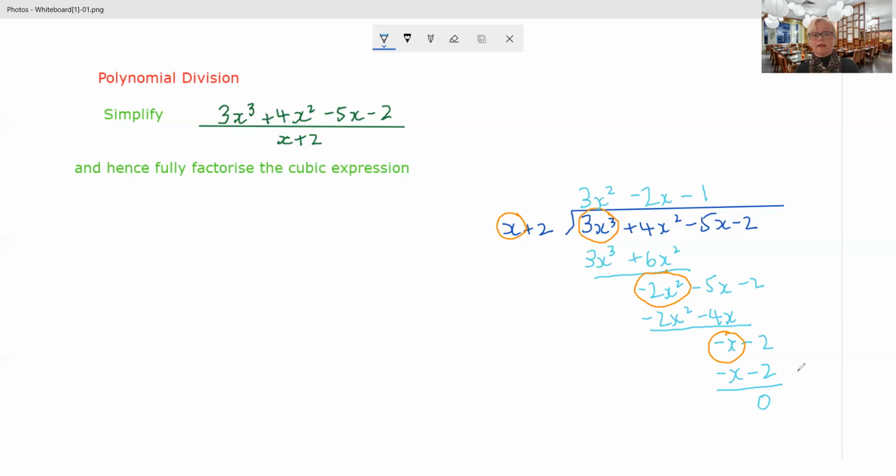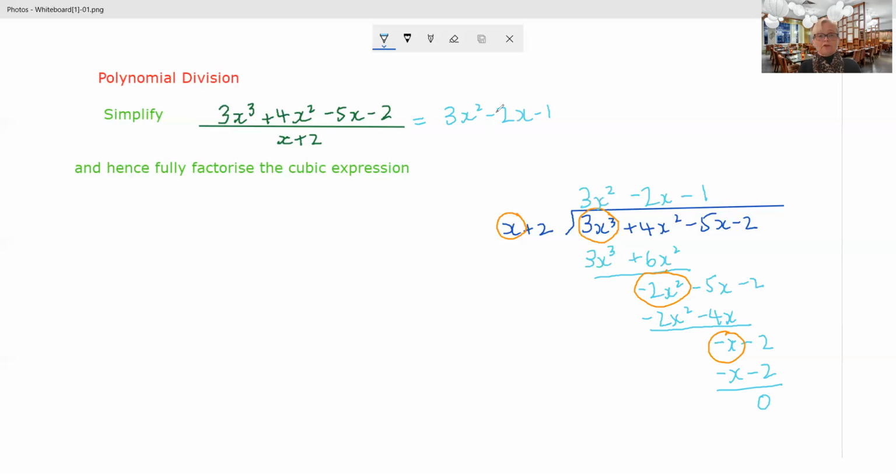Sometimes you will have a remainder, in which case you will write this answer plus whatever the remainder is over your x plus 2. What we have shown here is that this expression equals 3x squared minus 2x minus 1. Or in essence, we've shown that the cubic is x plus 2 times that.